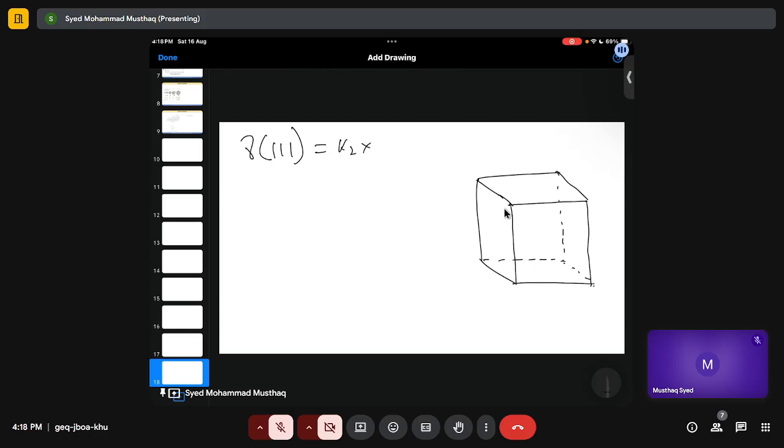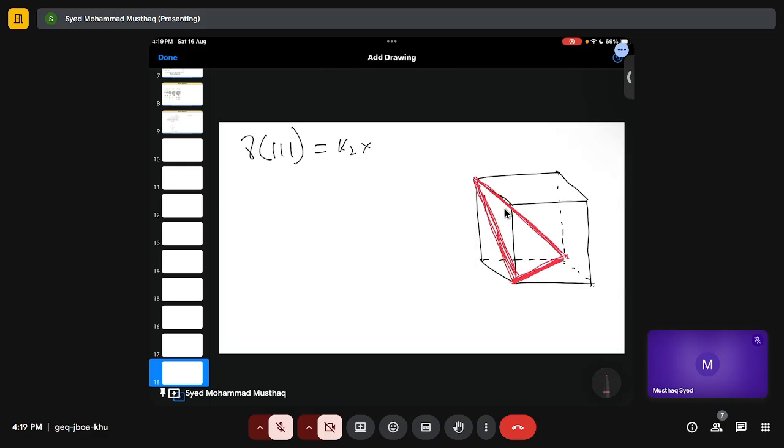So, what is my cutting plane? This. 111, right? Yeah.